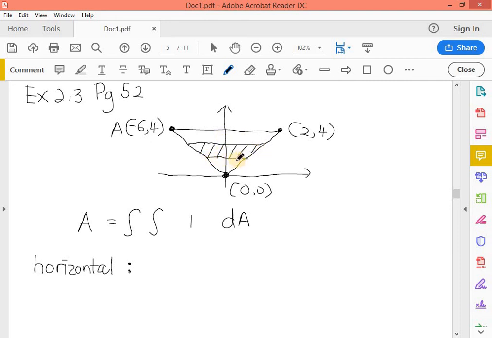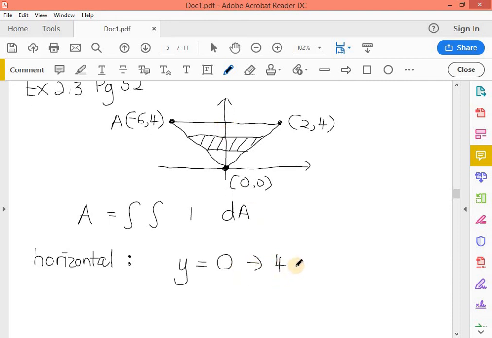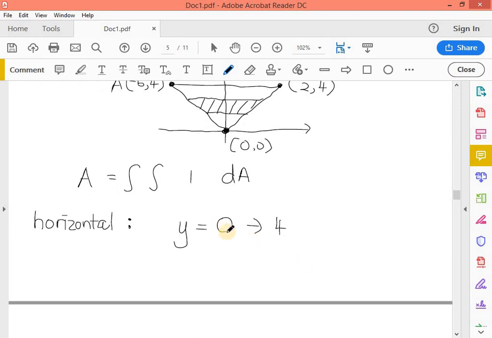What will happen if you move down? What is 0, y or x? Y will be 0. If you move up, what will happen to your y? 4. So you have defined the interval for your y to be from 0 to 4.